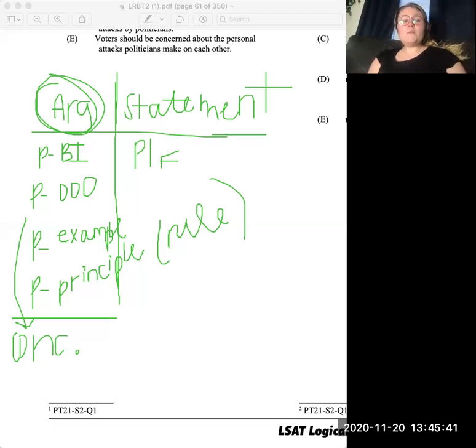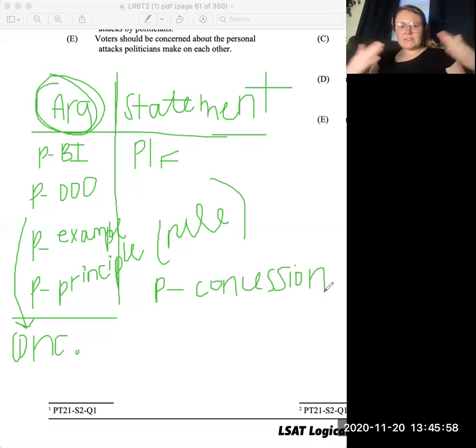One other kind of unique premise is what we call a concession. A concession is just when we grant the other side. So if I said, although law school is expensive, it will be worth it in the end, because blah blah blah.